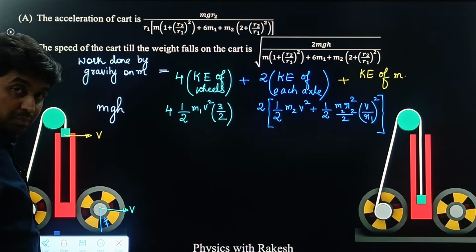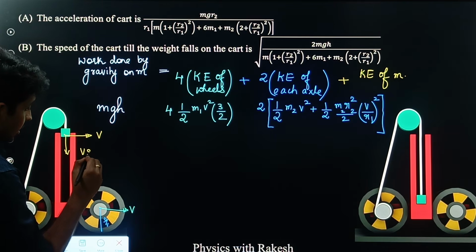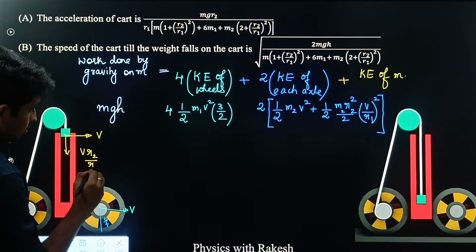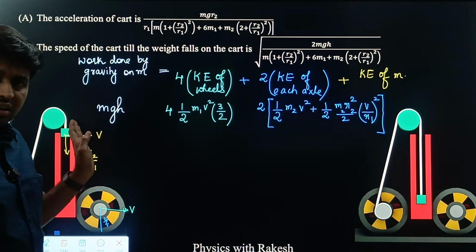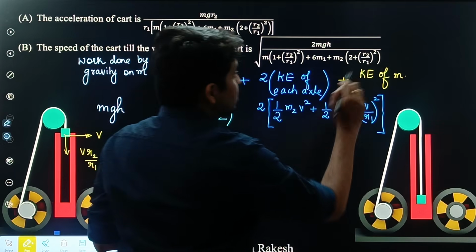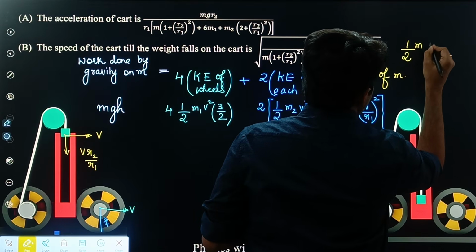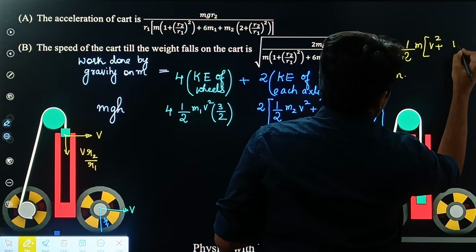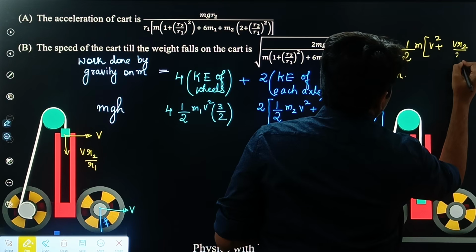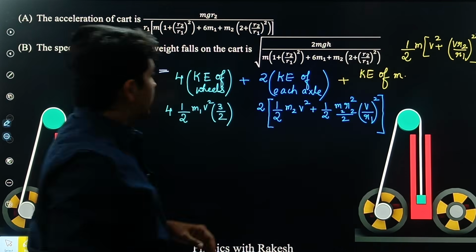In this direction it has speed v. In this direction, we saw that it had speed v r2 by r1. So two components of velocity. They are the rectangular components directly. So I'll write this here, half m into v square plus v into r2 by r1 the whole square.